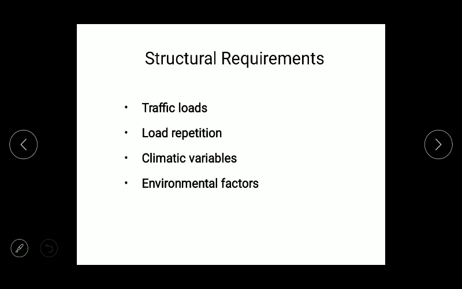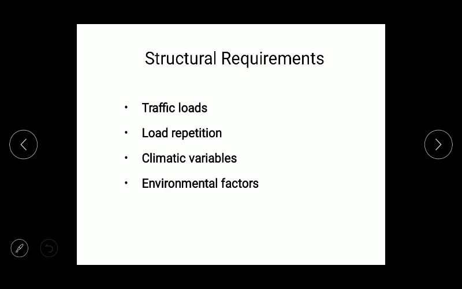Whatever traffic loads come on the pavement and whatever load repetitions of different magnitudes, they produce some stresses, and the stresses induced should be within permissible limits under the climatic or environmental conditions.